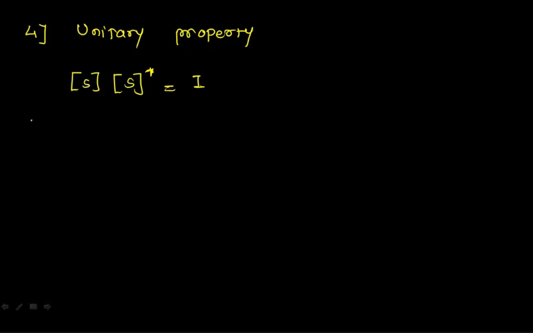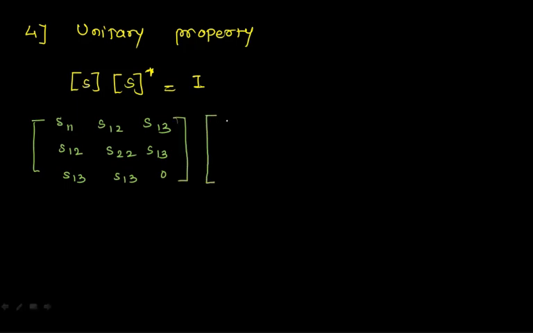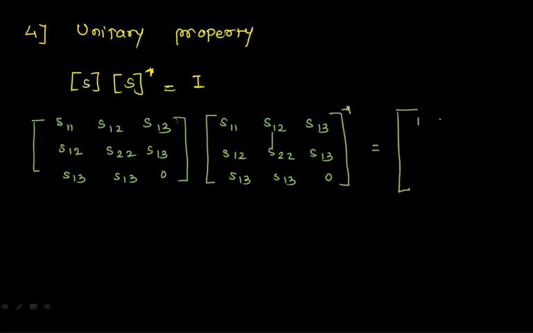My first matrix is S11, S12, S13; next is S12, S22, S13; again S13, S13, 0. And then I'm going to put the complex conjugate of the same matrix, which is S11, S12, S13, S12, S22, S13, S13, S13, then 0. And the product of this is nothing but the unitary matrix, which is 1, 0, 0, 0, 1, 0, 0, 0, 1.